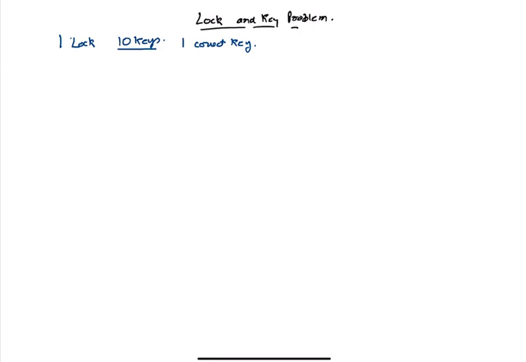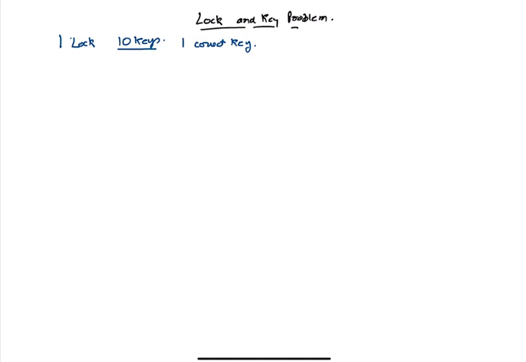So the question, by intuition, would mean that the chances of getting it right on the first attempt should be 1 out of 10, and then since you threw away one, the chances of getting it right the second time should be 1 out of 9, 1 out of 8, and so on. But let's try it mathematically and see where we get.